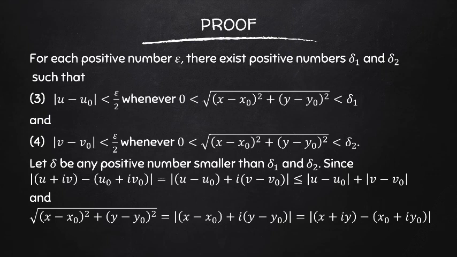Suppose delta is any positive number smaller than delta 1 and delta 2.